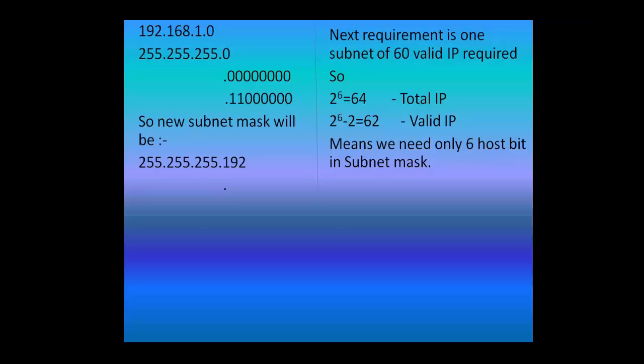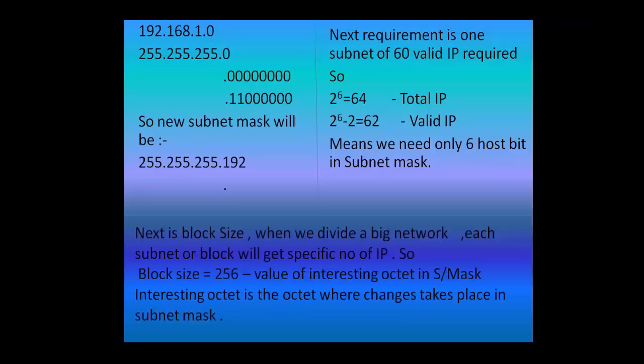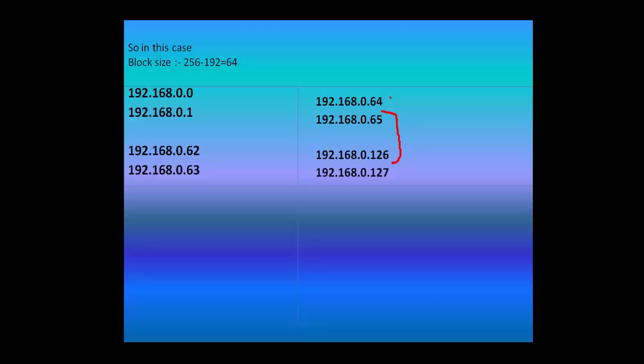The subnet mask is this one. 256 minus the interesting octet. I have repeated many times, the interesting octet is where the change takes place. So block size is 64. You can see very clearly. That IP has already been used, so I'm not using that. Look, exactly 62 IPs we get, with the network ID and broadcast IP.